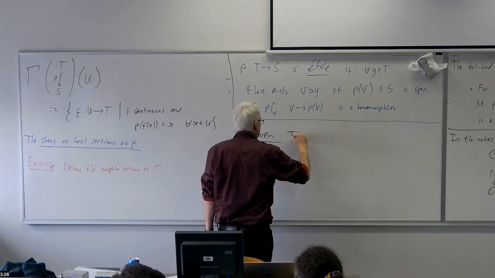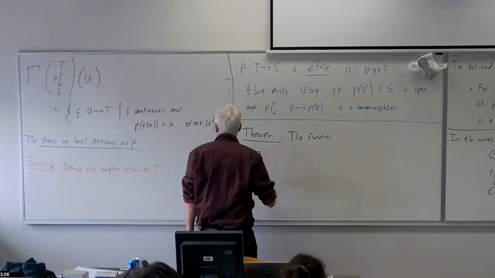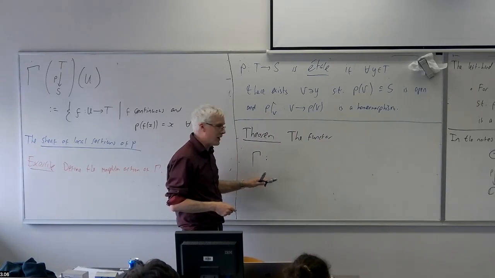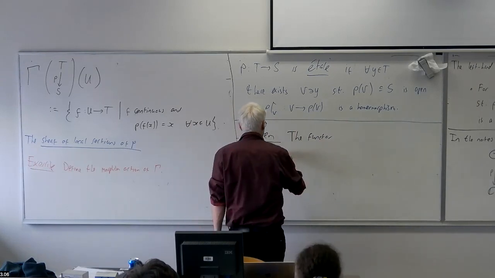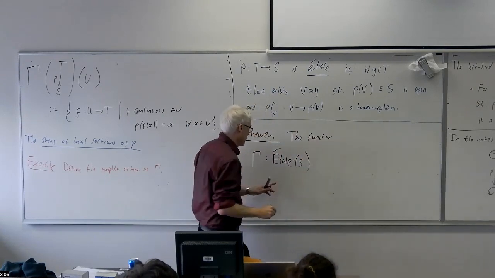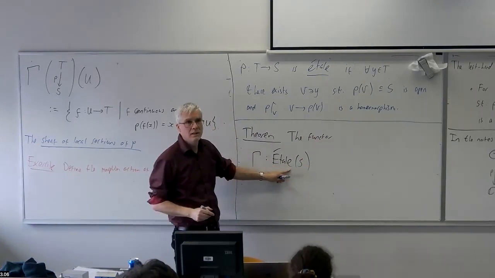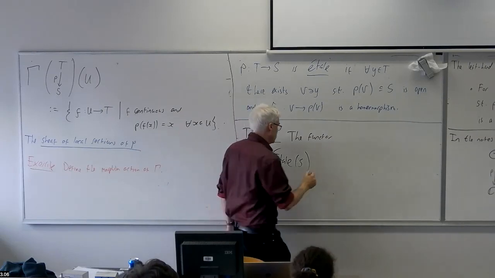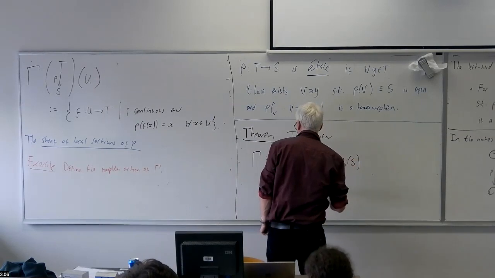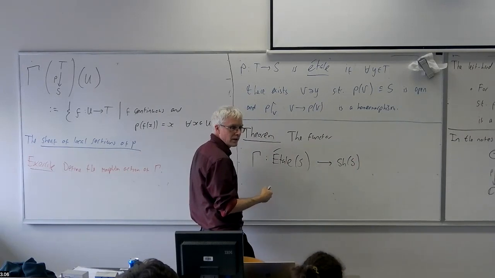The functor gamma that we've defined, that maps every bundle to its sheaf of local sections, if we restrict it to the full subcategory of the slice category whose objects are étale maps, still gives us a map to the sheaves over S. This is half of an equivalence of categories.